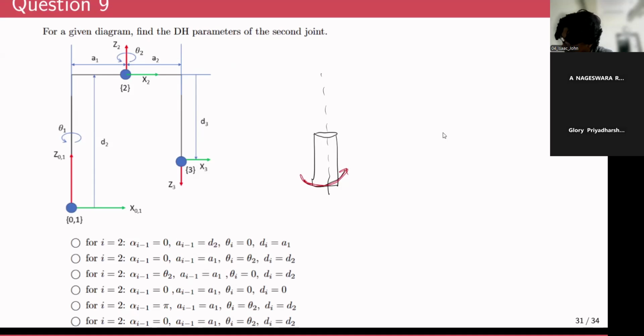Let me try and complete this. Then it has another link which has a joint perpendicular to the plane of the board. It's coming like this, and it has a different link.